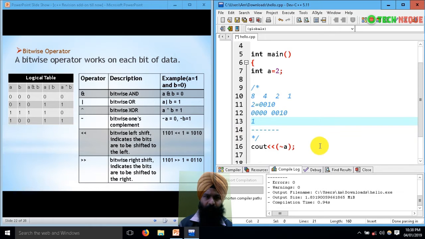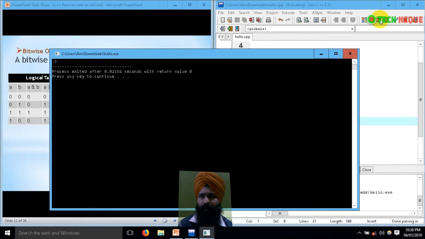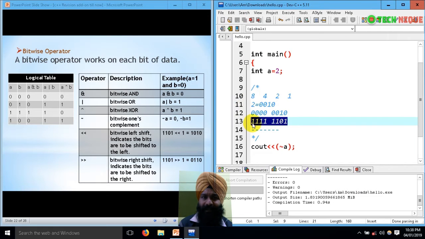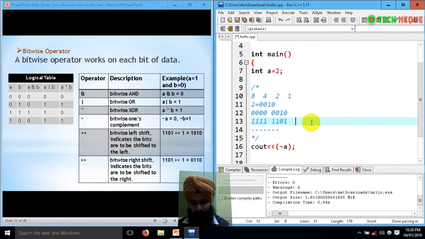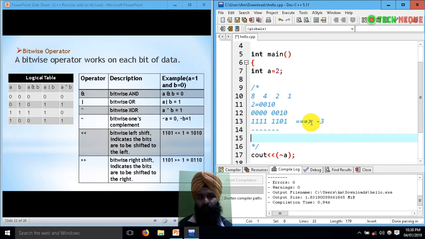Instead of 0, it's going to put 1, so 1 1 1 1 1 0 1. So this would be our output. Let's compile this, and you can observe -3 is our output. So this is actually equivalent to -3. How? Let's learn how this is -3.